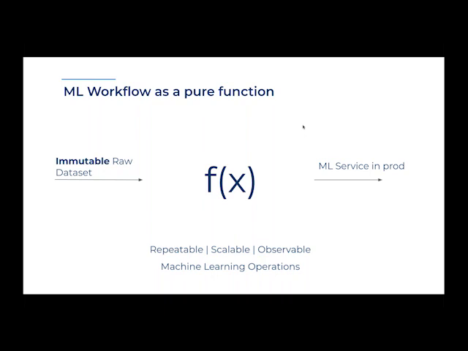So if that function is really pure, we will have the same output each time we run this function with a given input. It's a fundamental thing that if we design our pipelines this way, we will have repeatable, scalable, observable machine learning operations.